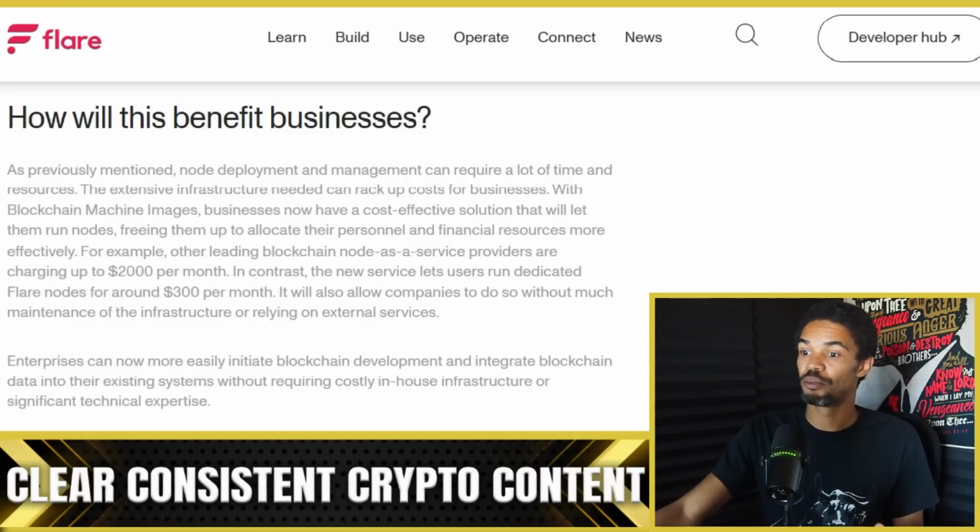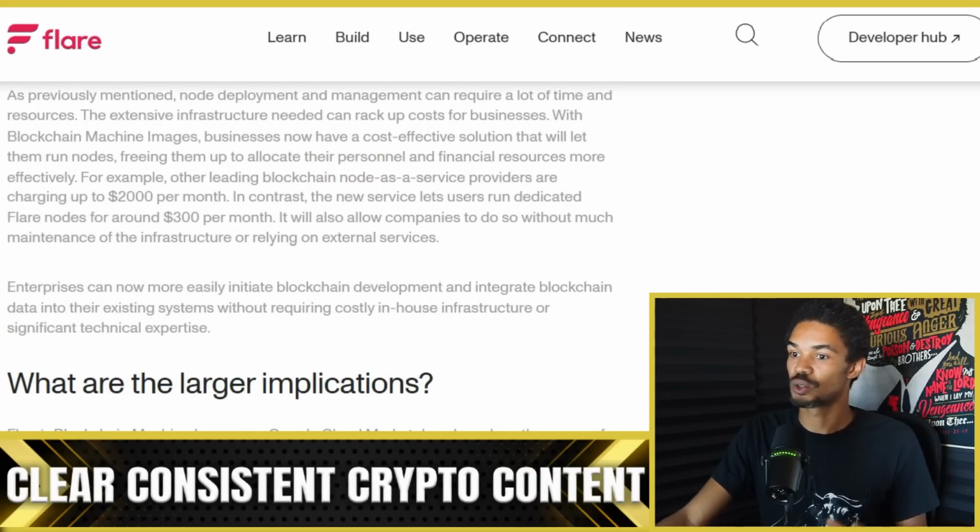Now, to the point of benefiting businesses, this is where we get that pricing model. With blockchain machine images, businesses now have a cost-effective solution that will let them run nodes, freeing up to allocate their personnel and financial resources more effectively. For example, other leading blockchain node as a service providers are charging up to $2,000 per month.